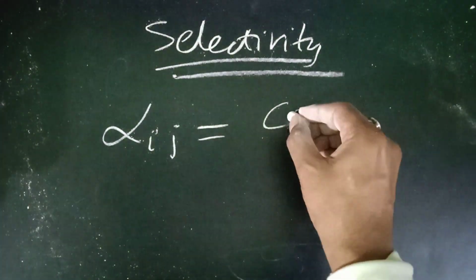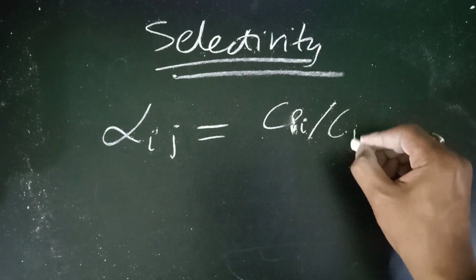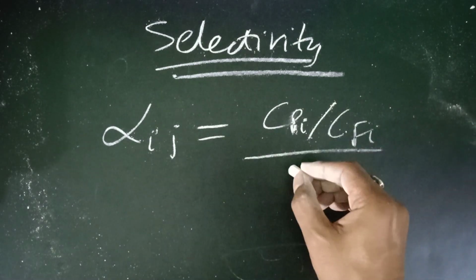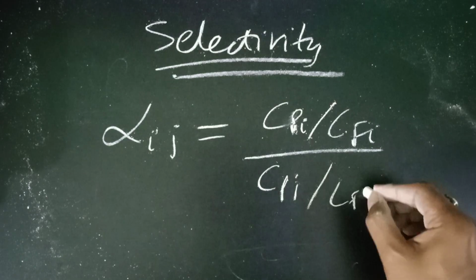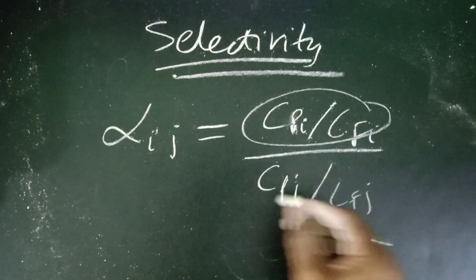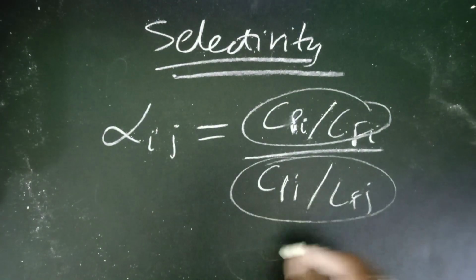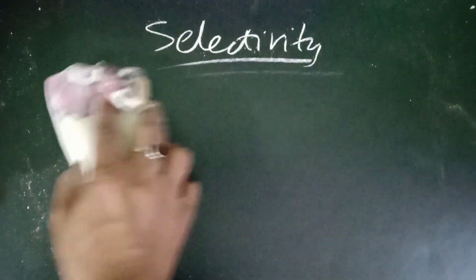So Cpi upon Cfi divided by Cpj upon Cfj. Or you can say this is the CR of I and this is the CR of J. CR is conversion ratio. So this is selectivity.